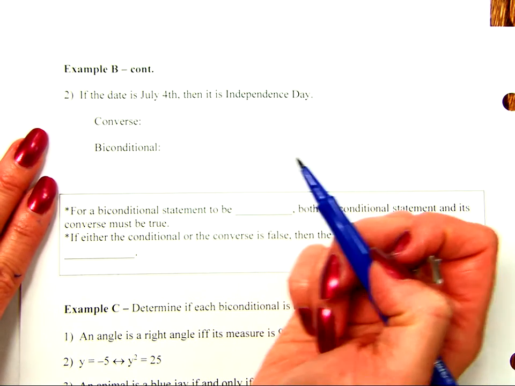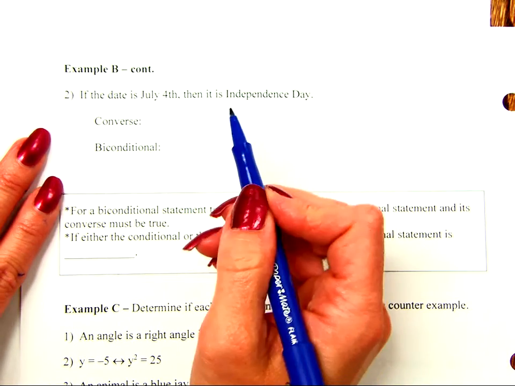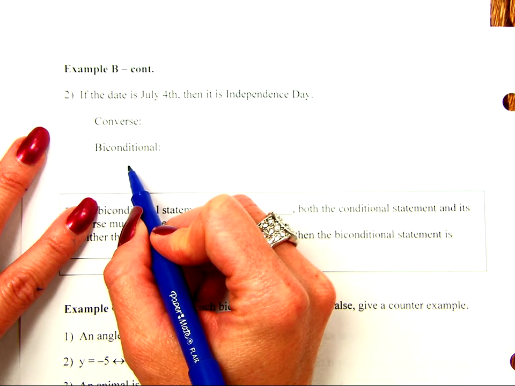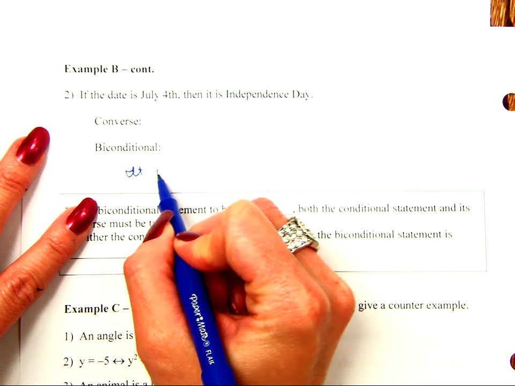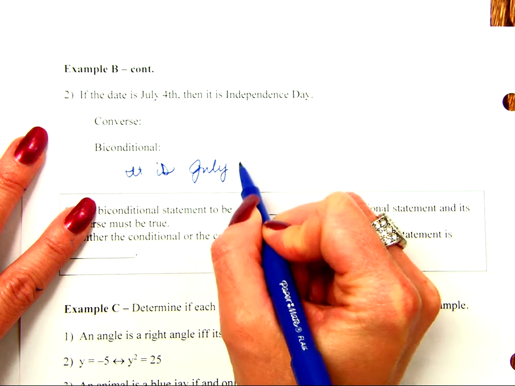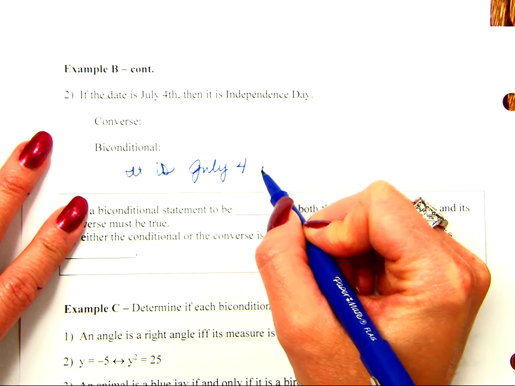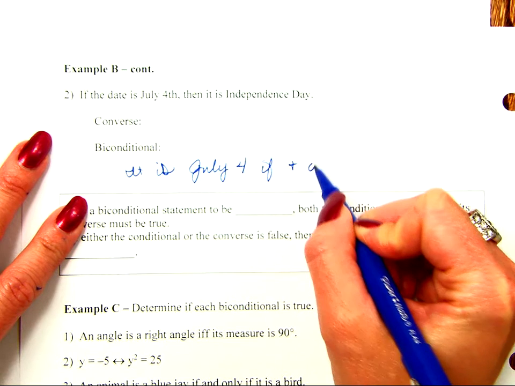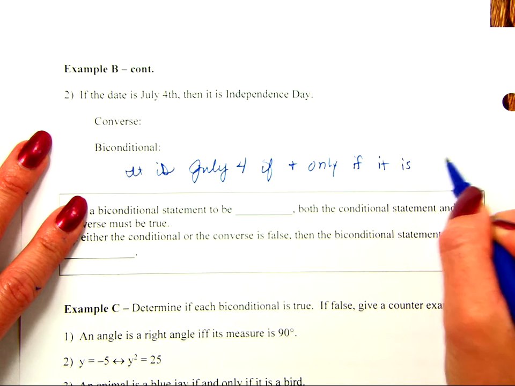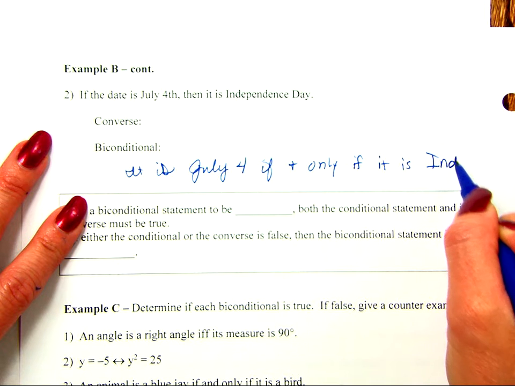For the biconditional statement, there are a couple possible, but mine may say something like, it is July 4th if and only if it is Independence Day.